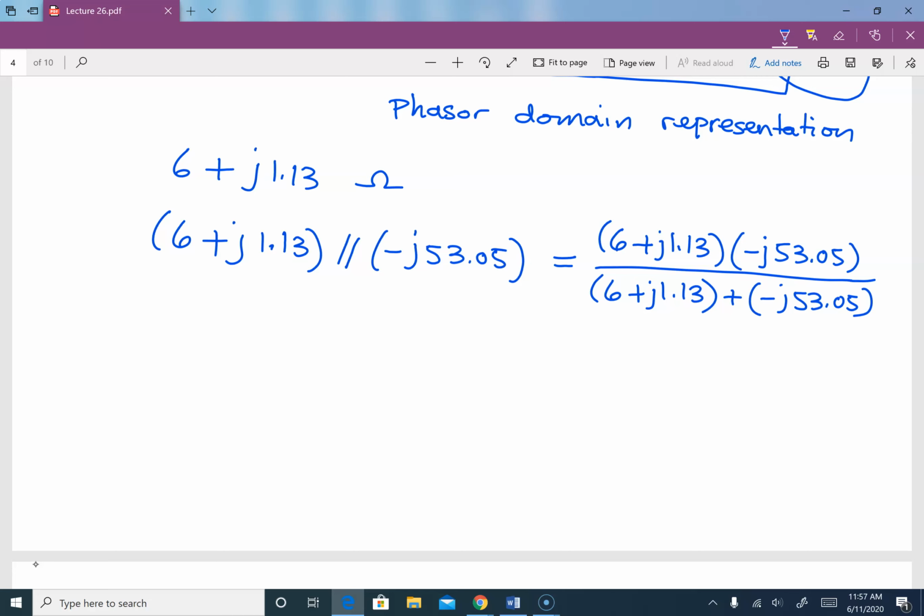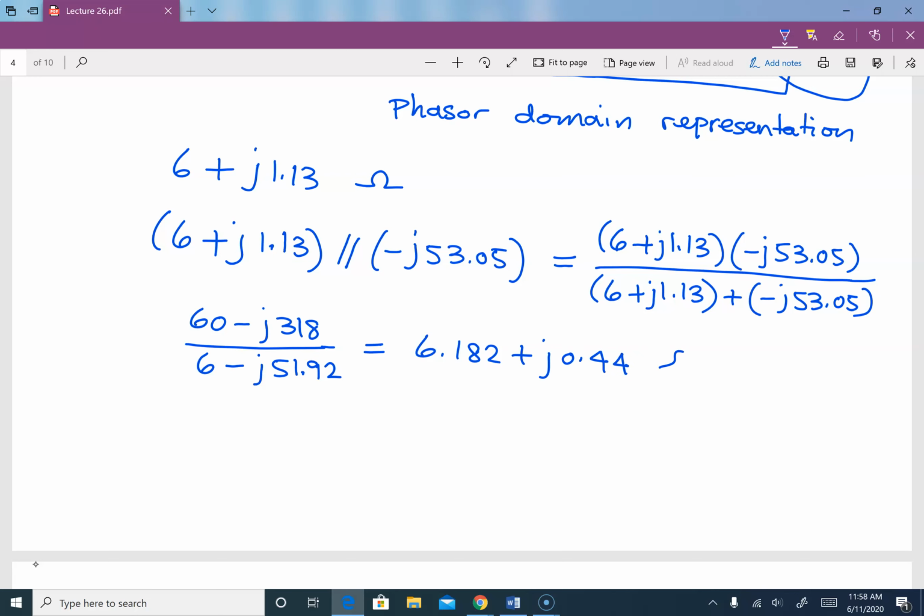However, you are dealing with complex numbers. When you do this multiplication, you are going to get 60 minus J318 divided by 6 minus J51.92. And now when you do this division, you will get 6.182 plus J 0.44 ohm.